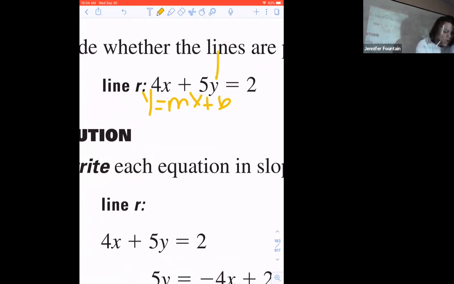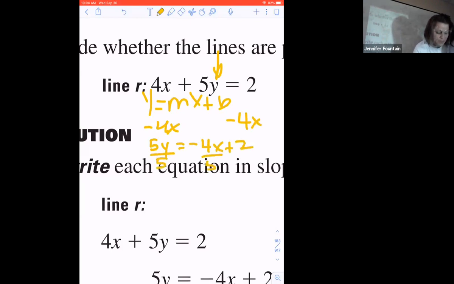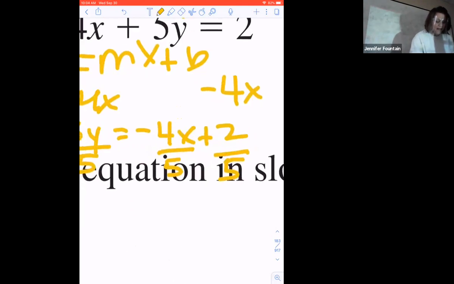So let's go ahead and take a look at this. I'm having to solve for y. So the first thing I need to do is subtract 4x from each side. So I have 5y is equal to -4x plus 2. Divide by 5. Now remember, dividing by 5 means I have to divide each term on the right-hand side by 5.